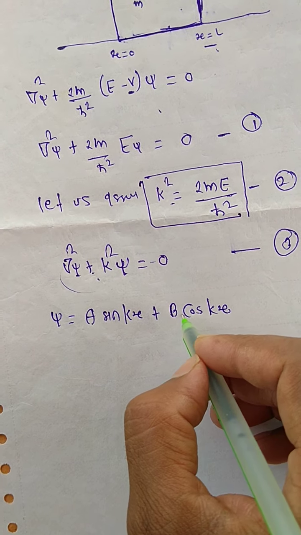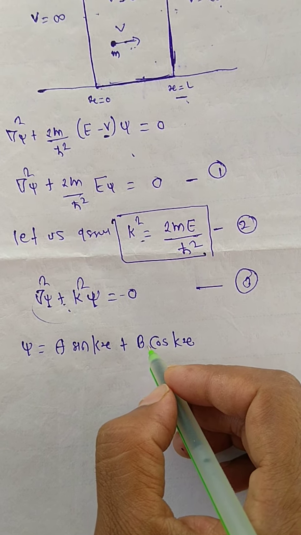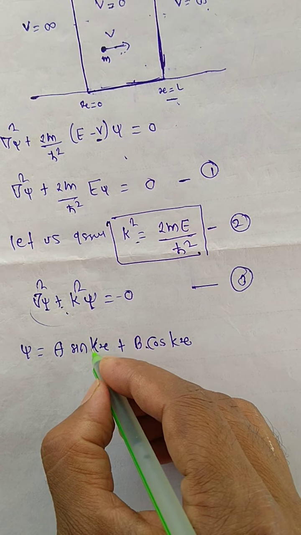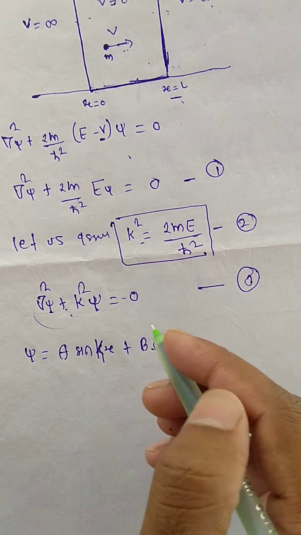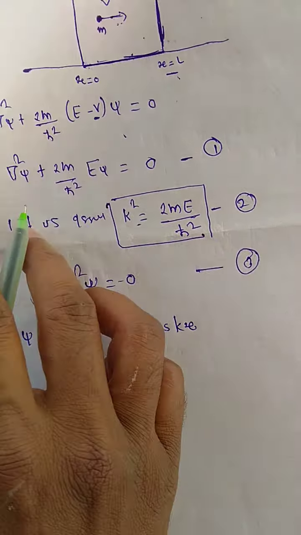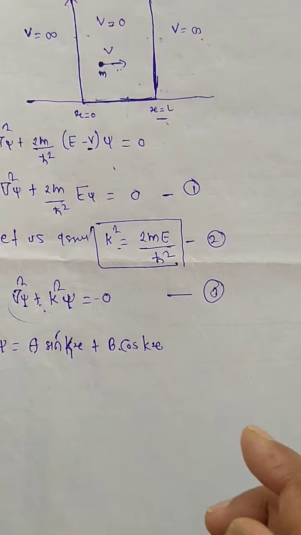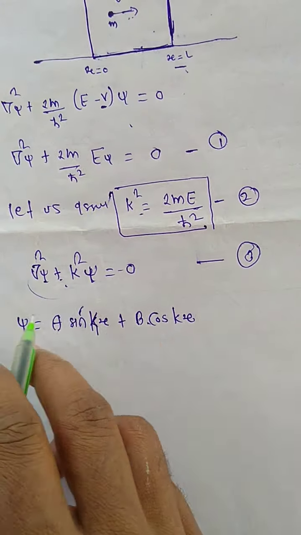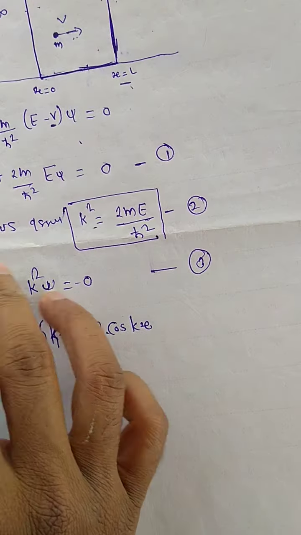A and b are constants, which can be found by applying boundary conditions. k is the propagation constant. Now we have to find the constants a and b.